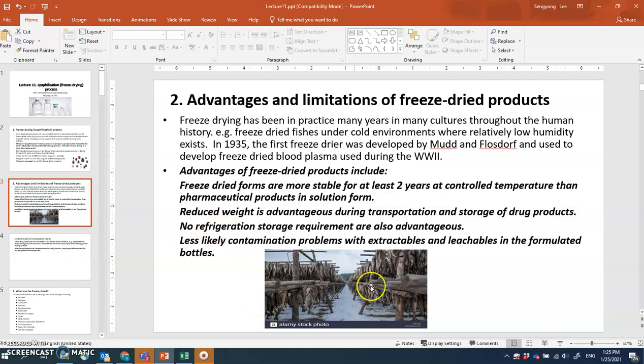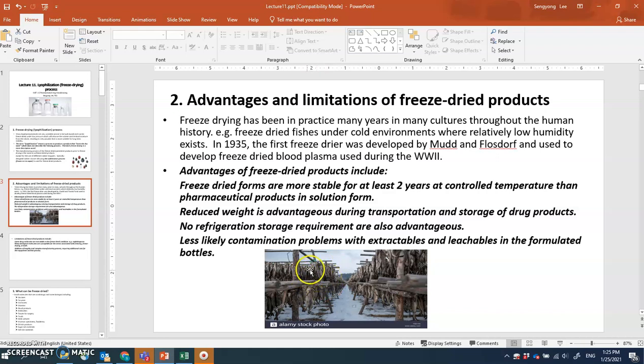And the question is, what's this picture? Do you see the fishes being dried there? It's done during the winter time, in very cold conditions. If you have frozen fish during the winter time, after they freeze, the liquid is evaporated. So it's kind of primitive freeze drying.